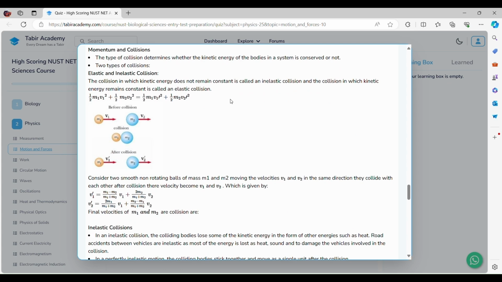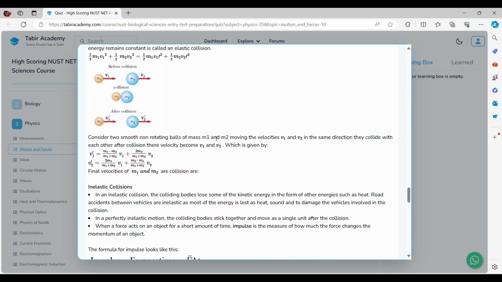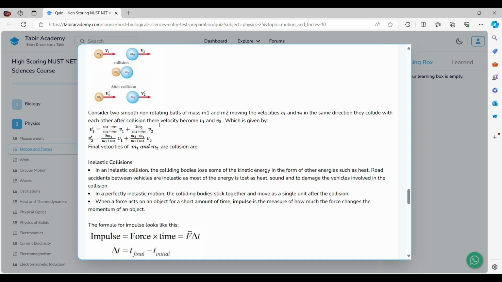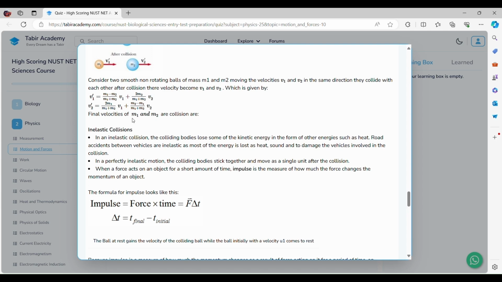You can refer to these graphs and these equations. अब आप कंसिडर करें दो स्मूथ नॉन रोटेटिंग बॉल्स हैं, मास m1 और m2, जो वेलोसिटी v1 और v2 से सेम डायरेक्शन में जा रही हैं. दो एक दूसरे से कोलाइड करती हैं और उनके कोलिजन के बाद वेलोसिटी हो जाती है v1' और v2', which is given by this equation. You can refer to this. Make sure to memorize all of them. Final velocities of m1 and m2 after collision.